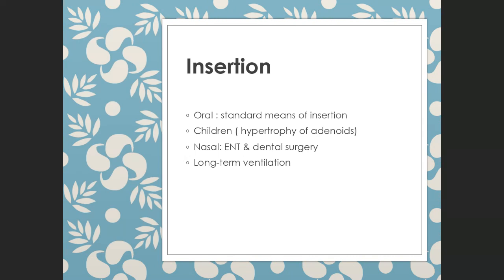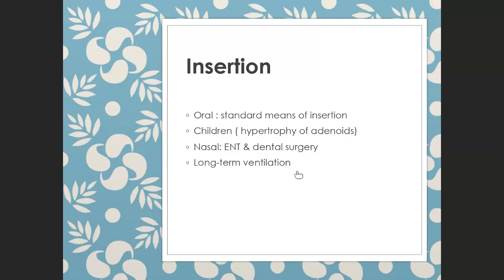All right, mostly oral. That's the standard way that we insert the endotracheal tube. With children, you have to be careful with the tonsils. We use nasal intubation, meaning we go through the nose, for ENT and dental surgery.